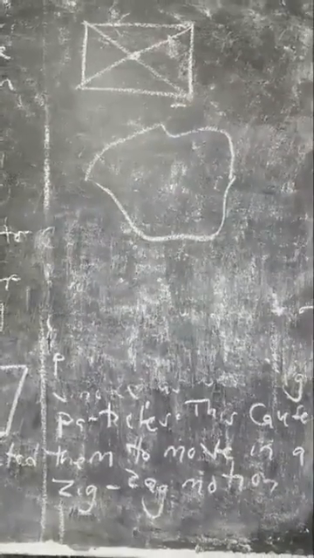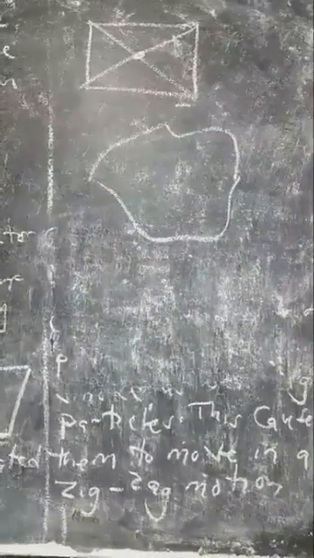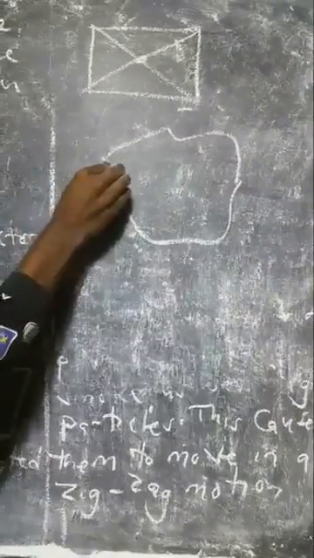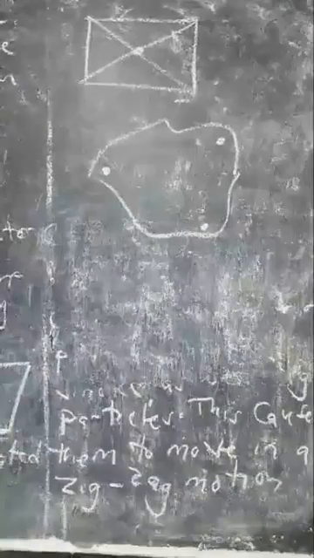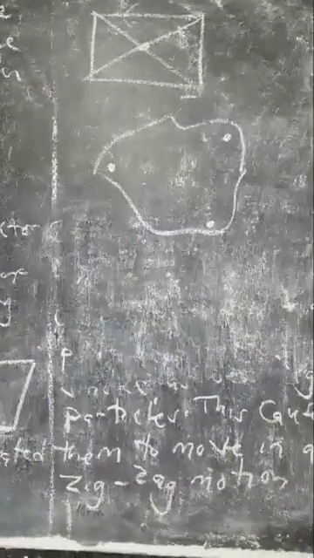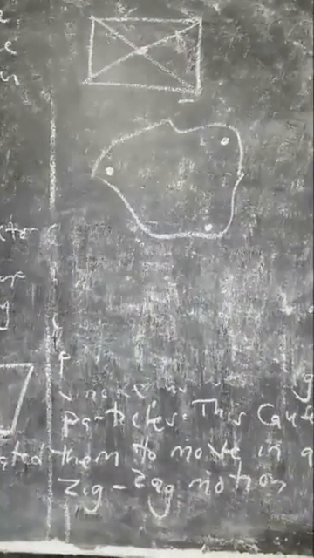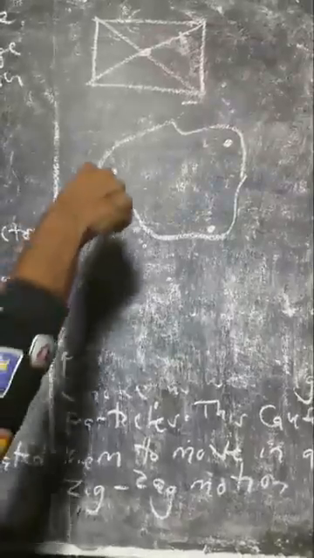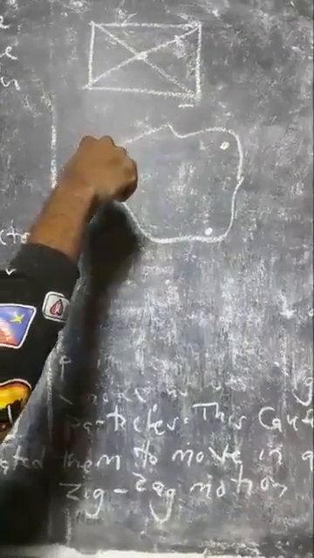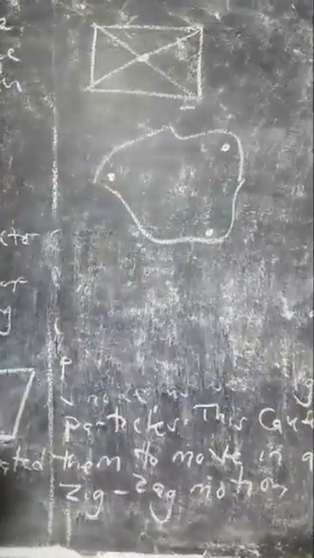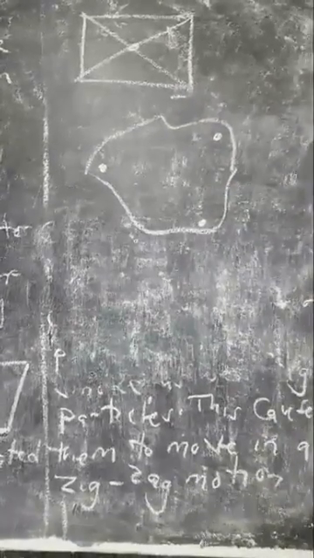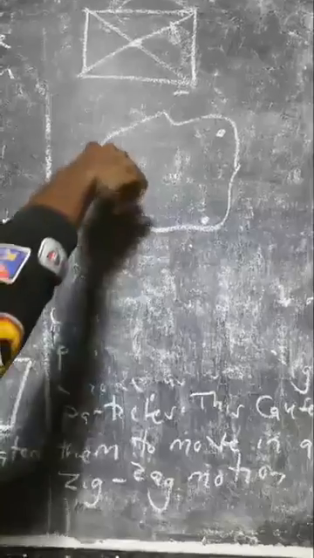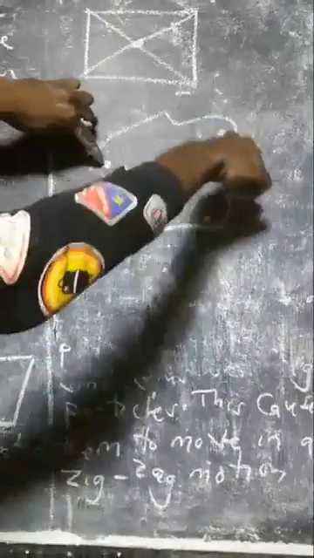Therefore, if you are finding the center of mass, you just drill 3 evenly spaced holes. So what do you do? Put a needle there which must have a plumb or a thread. If you put it there, definitely this guy will swing down here.